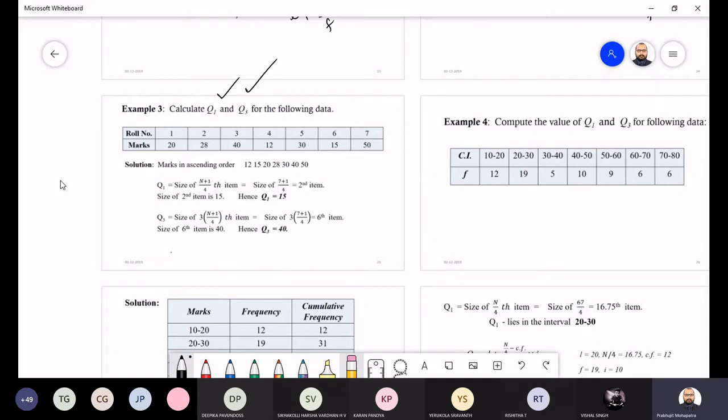So what is your total n? How many data are there? 20 plus 28 plus 40 plus 12 plus 30 plus 50 plus 15 plus 50. You just add them, na?